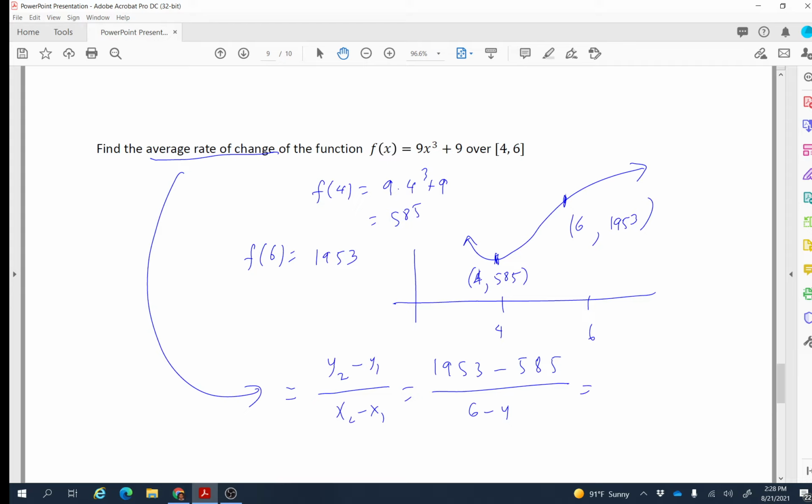If I subtract and divide by 2, that is 684. So the average rate of change of this function on this interval is 684. Okay.